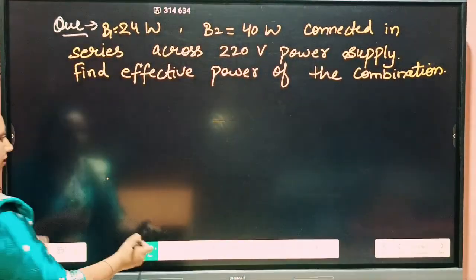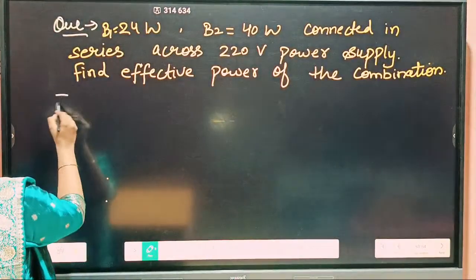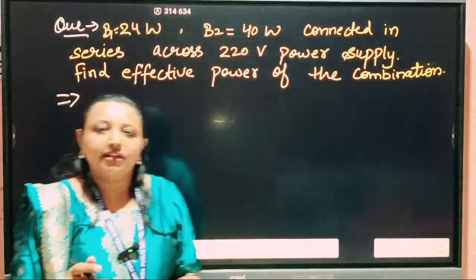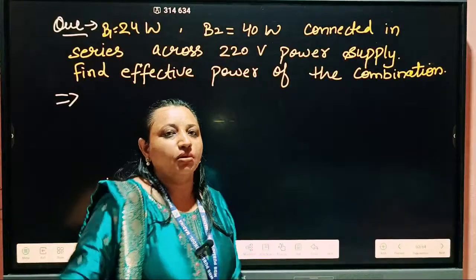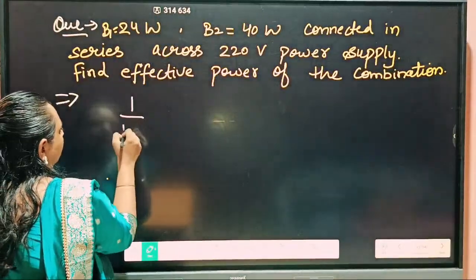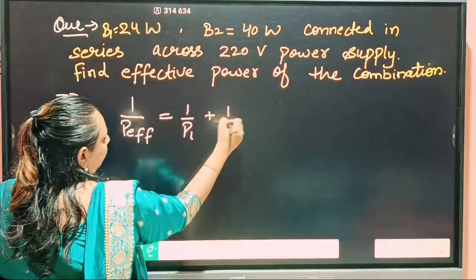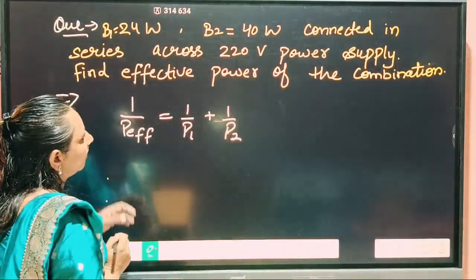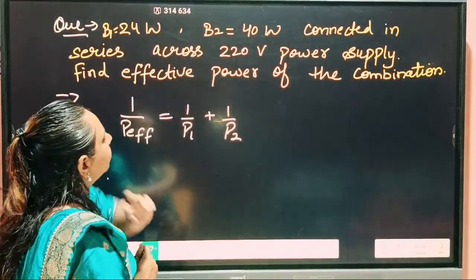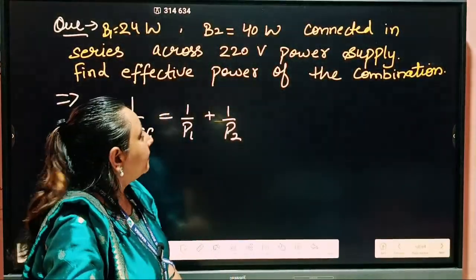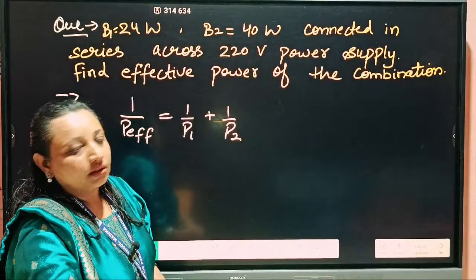So how can we find the effective power? As we have discussed, in series combination the formula is 1 upon effective power is equal to 1 upon P1 plus 1 upon P2. We have powers given, 24 watt and 40 watt.